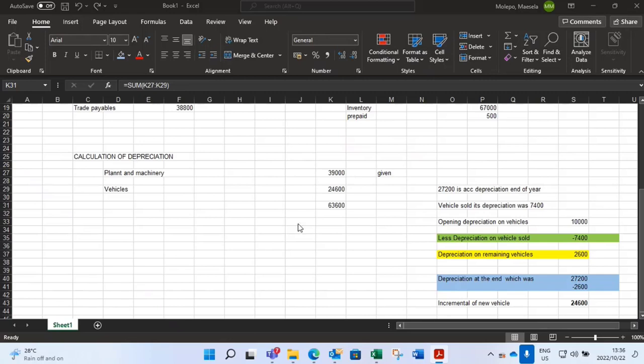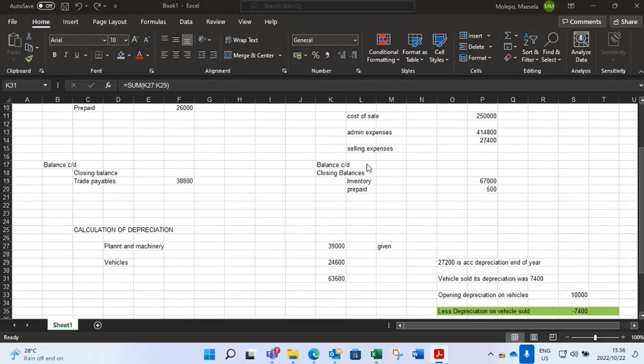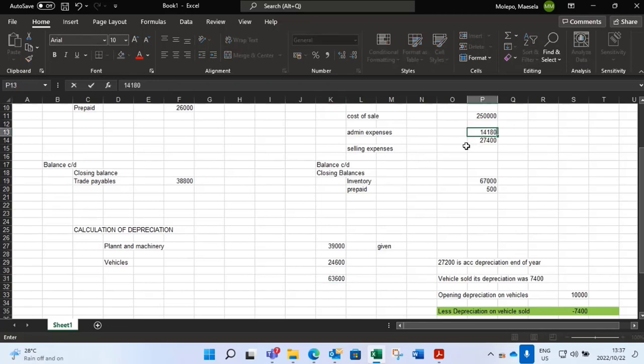That portion must be excluded from that admin expense that we had. It was how much? The total that was given from the single profit and loss. They gave us 141,800. From this 141,800, we can say depreciation must be excluded because it's not cash.